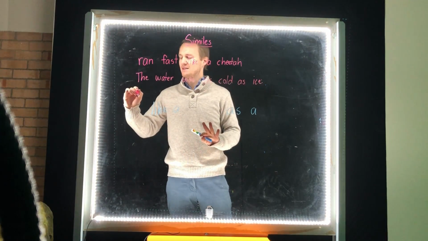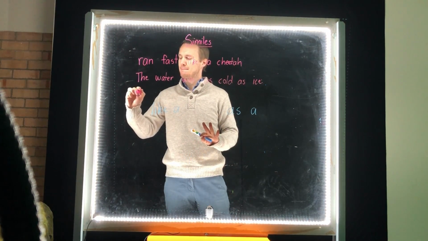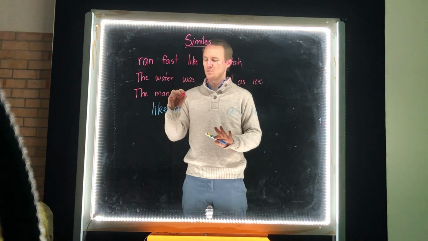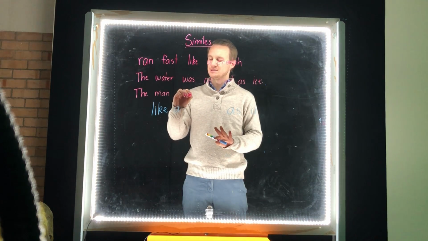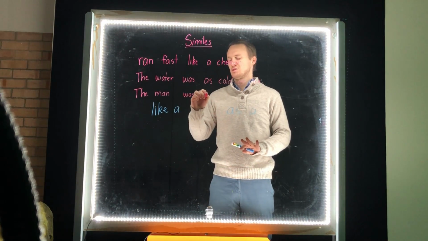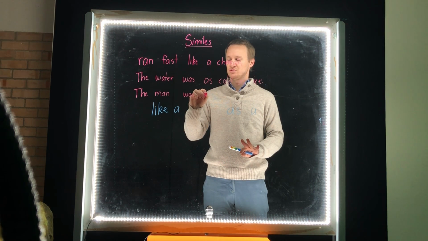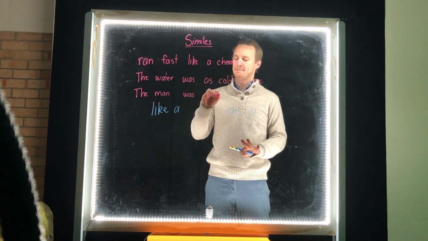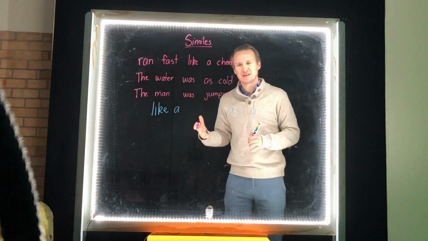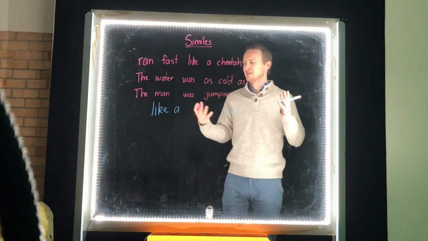If you had one like the man was jumping. He was jumping really high. You think, okay, what jumps really high? What jumps in the air? Oh, maybe a kangaroo.